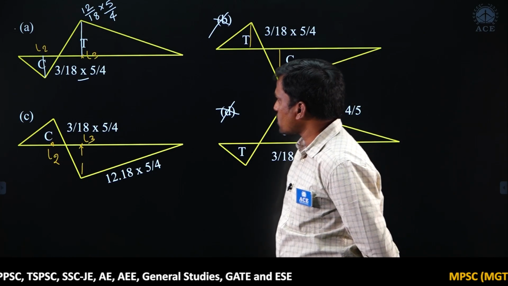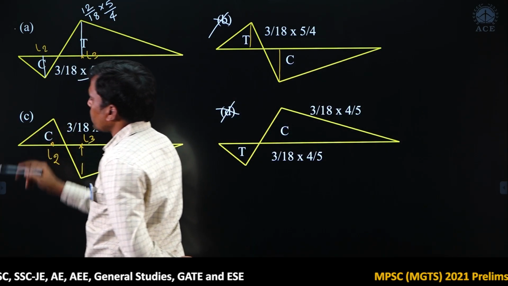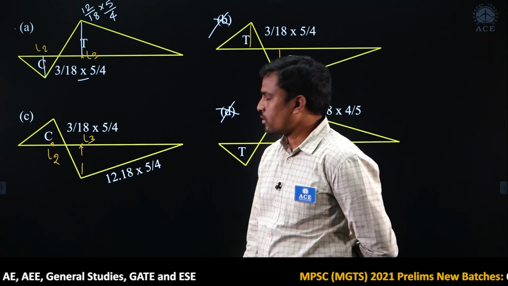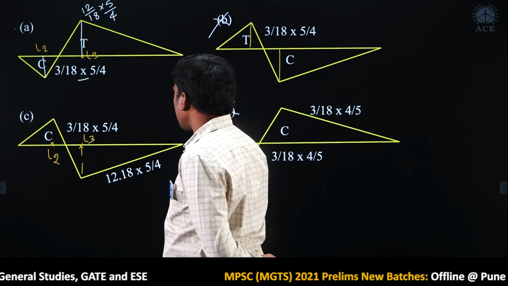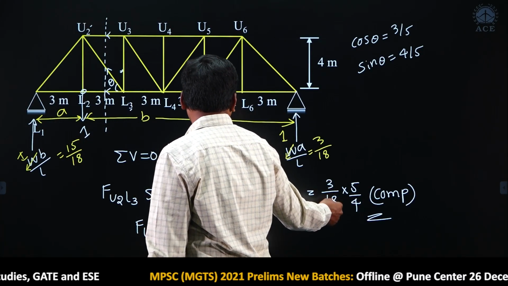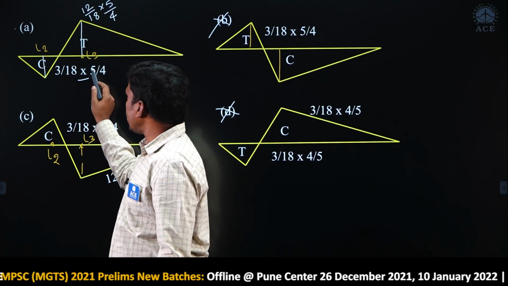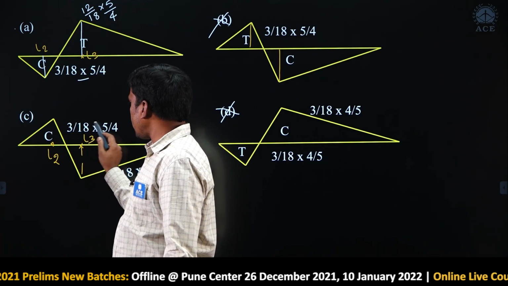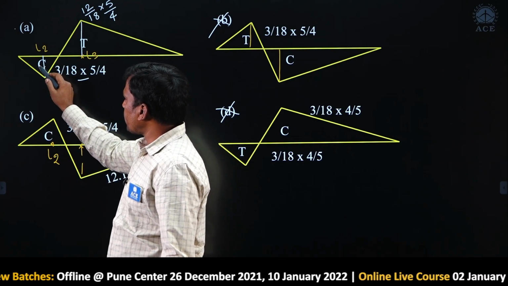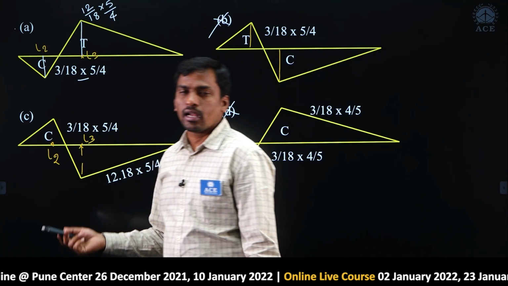Then the only possibility is either option A or option C, because we got compression 3 by 18 into 5 by 4. Yes, C represents compression, T represents tension.